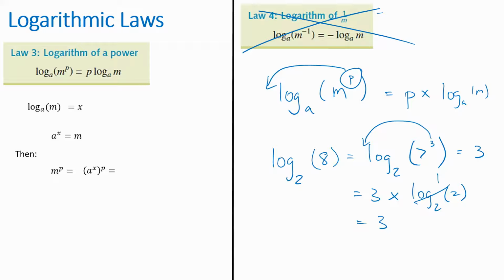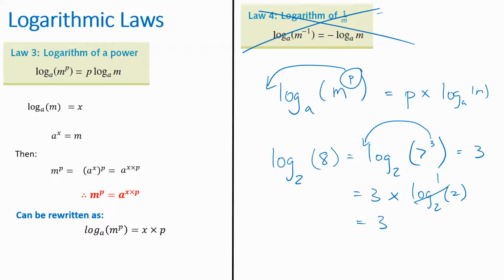Then if you said m to the power of p, it's a to the power of x, to the power of p, and then that now becomes a to the power of x times p. Yeah? Now if you rewrite it, m to the power of p is a to the power of x times p.